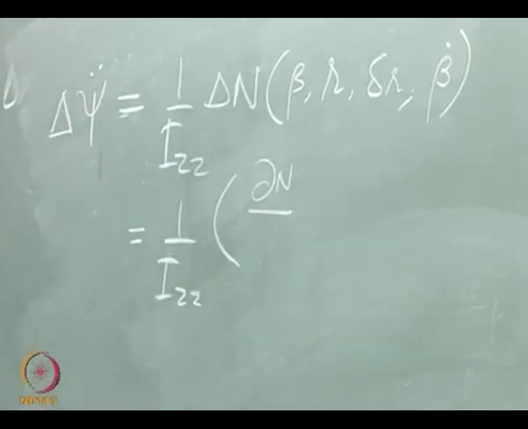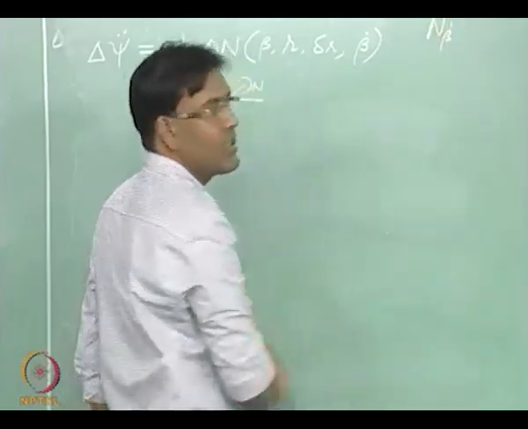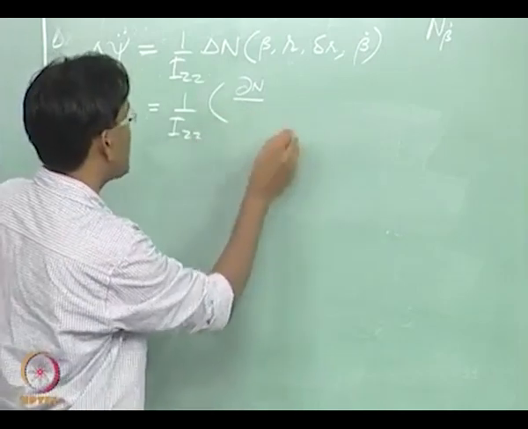But that contribution is usually small. So, I am talking about the contribution which is n beta dot. So, let us look at the expanded form.